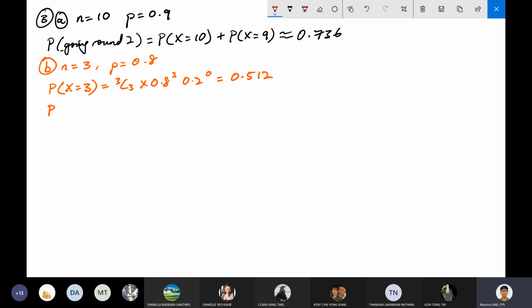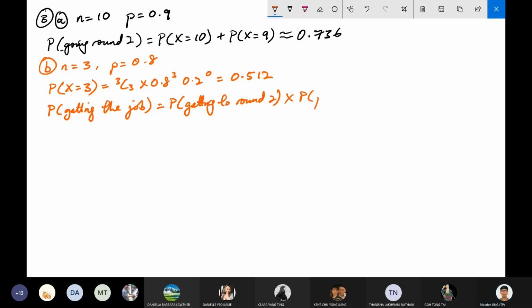The probability of getting the job is that you have to pass the first round and the second round. So the probability of getting through round 1 multiplied by passing the second round, not plus.